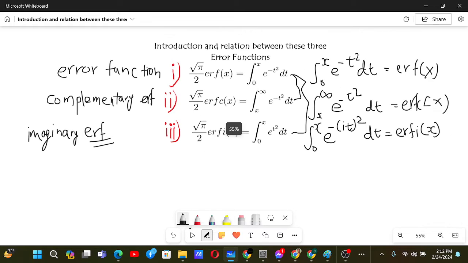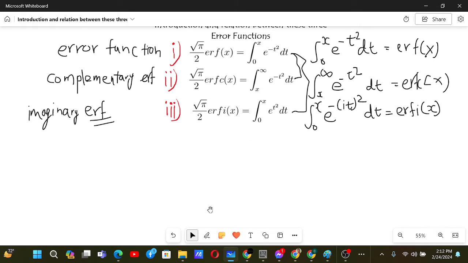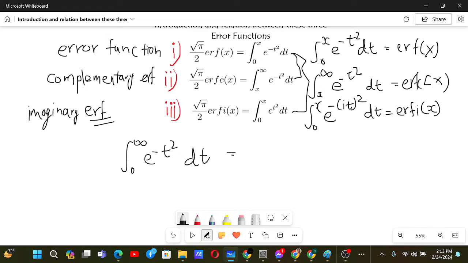Okay, so for the first and second, we can see a relationship if we add these two functions. Let's say if we add pi by 2, and the pi by 2 over here is because, let me first tell you the story for that. If we have an integral from 0 to infinity of e to the power minus t square dt, this is known as the Gaussian integral and its answer is root pi by 2.